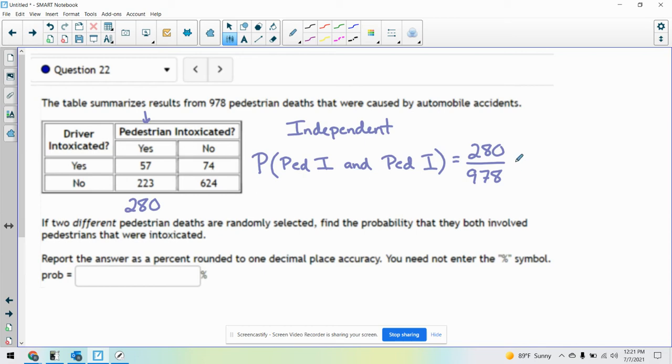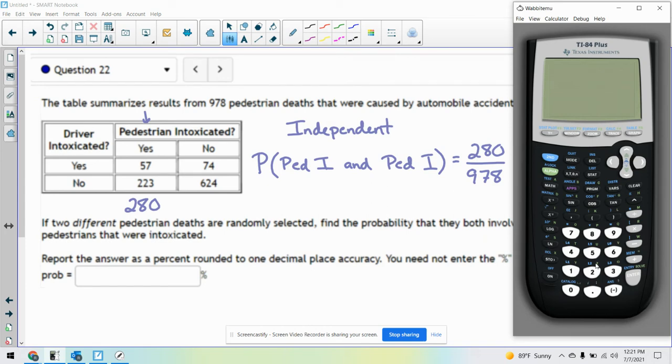And for independent events, we're just going to multiply. Same thing here. Probability the second one was intoxicated is 280 out of 978. So we can do that in the calculator. We want a percentage, so we don't need to find the fraction. 280 divided by 978 times 280 divided by 978.